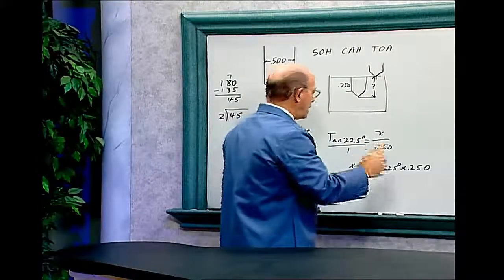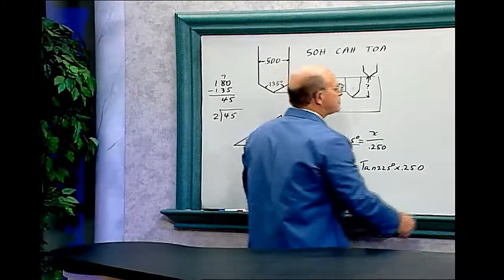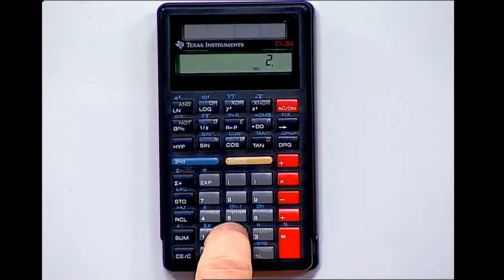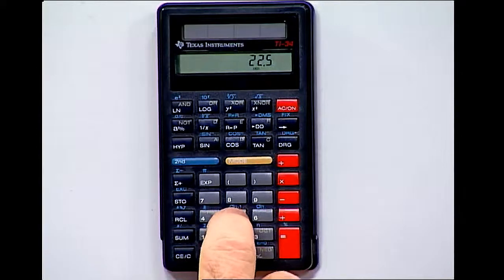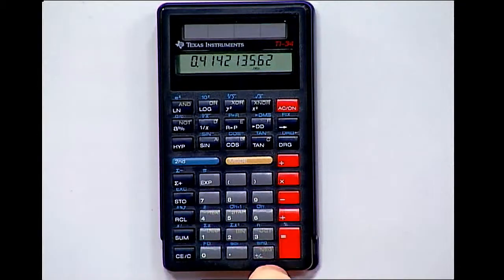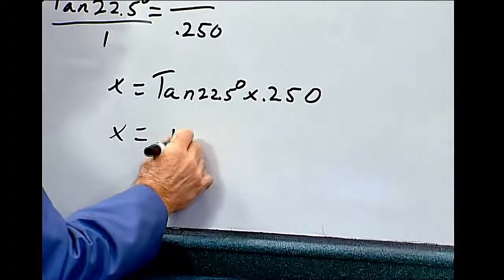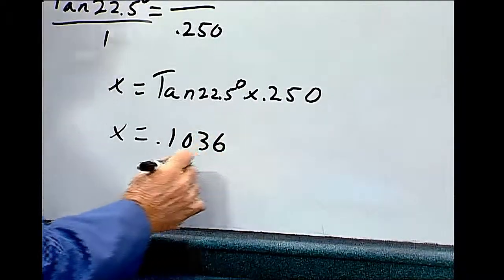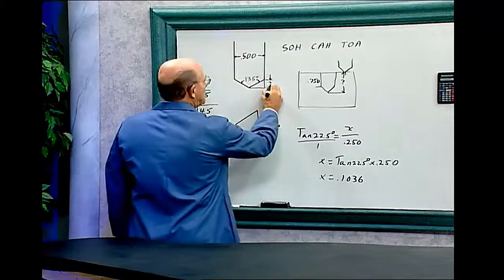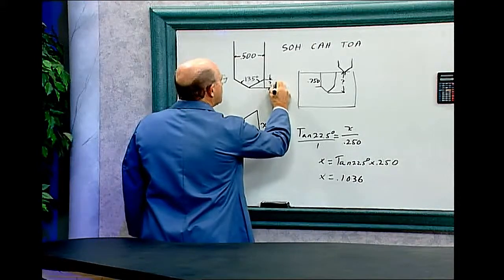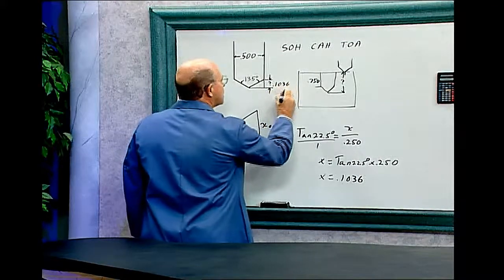Now let's go to the calculator and figure this out. So tangent of 22.5 degrees times 0.25 equals, and the answer is 0.1036. X equals 0.1036. So this depth here then is 0.1036.